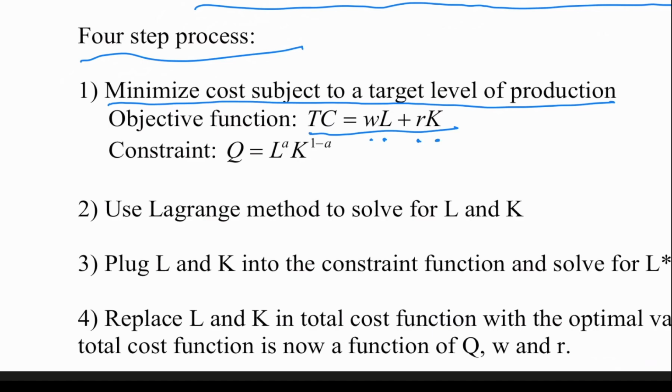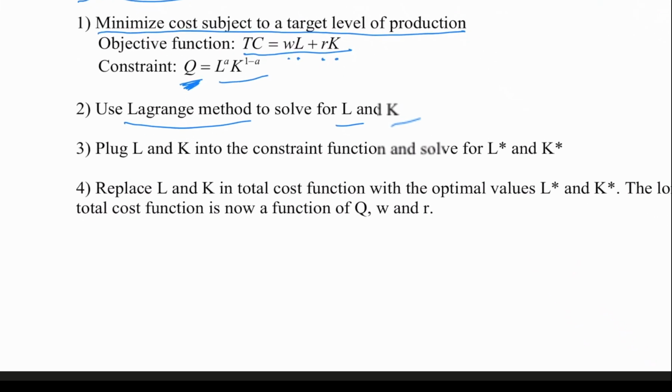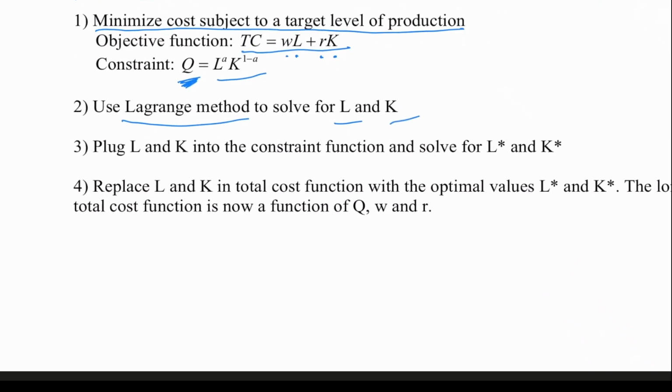And we want to minimize that subject to the constraint here, the target level of output from this Cobb-Douglas style production function. So that's step number 1, to just state that. Step number 2 is to use the Lagrange method and solve for L and K. Step 3 is to plug those values that we solved for into the constraint and solve for L star and K star.